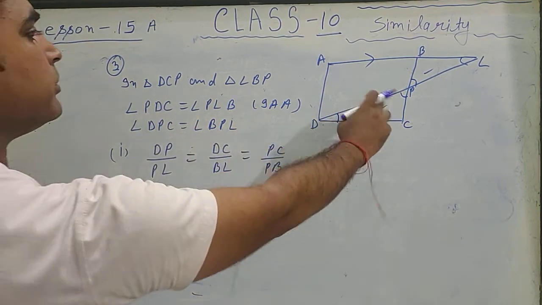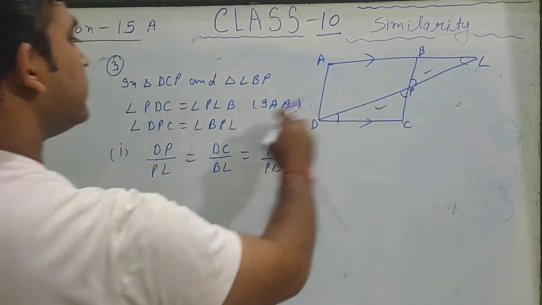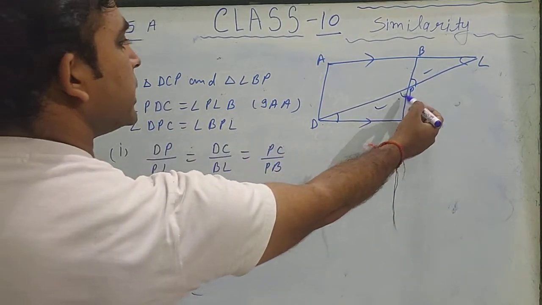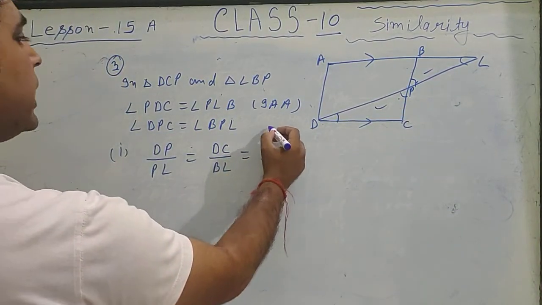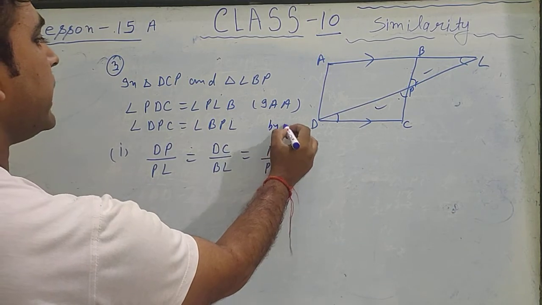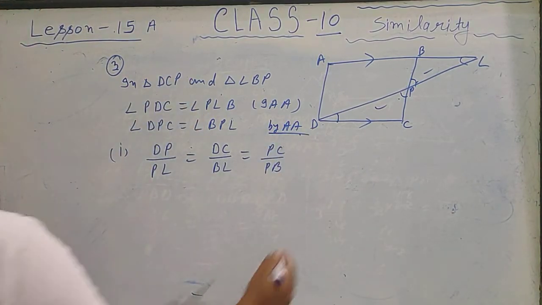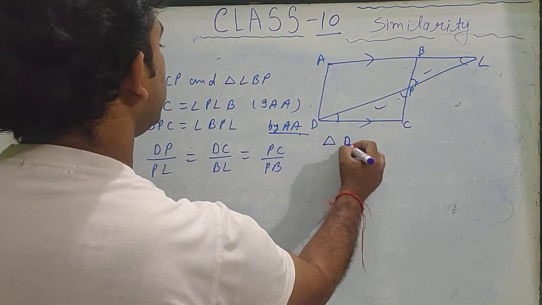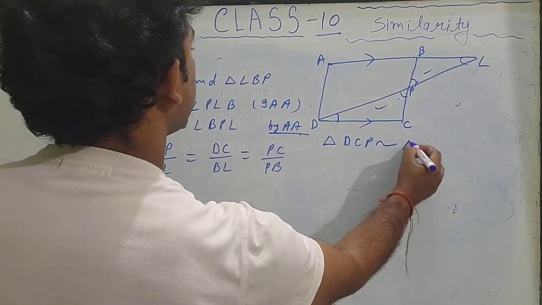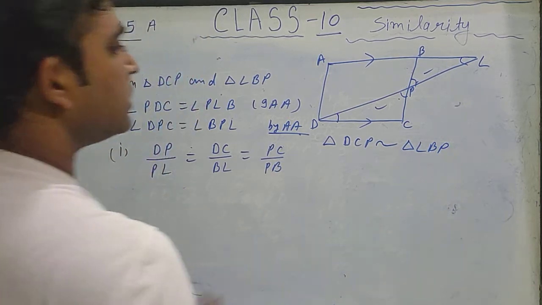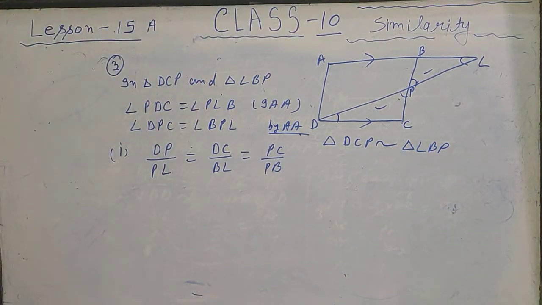PDC is equal to BLP, and this vertically opposite angle is equal. So by angle criteria, both triangles are similar to each other. Triangle DCP is similar to triangle LBP by angle criteria, because two angles are equal.